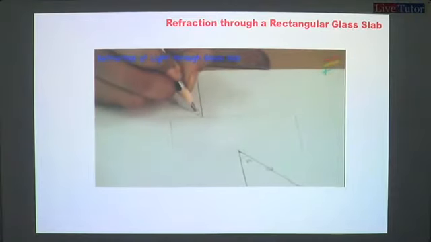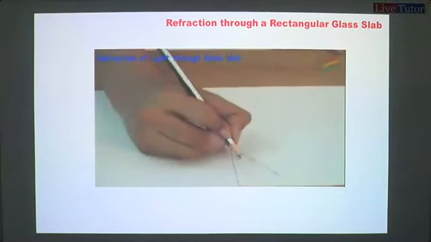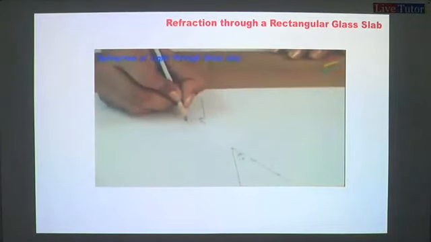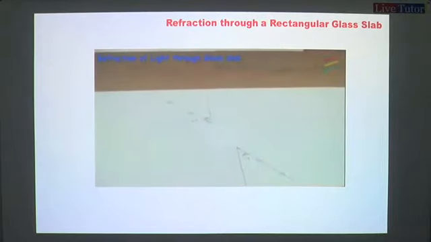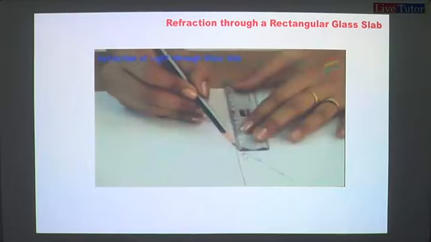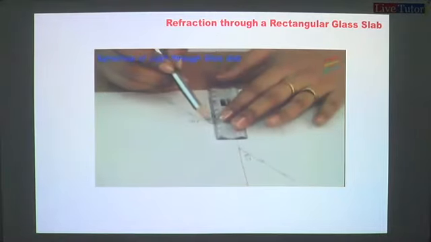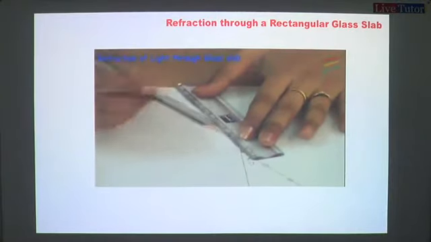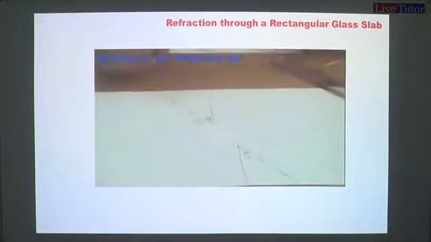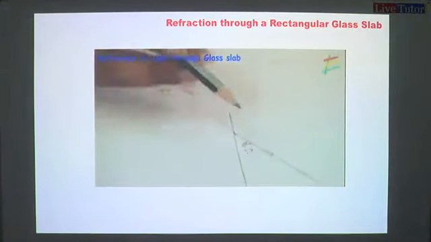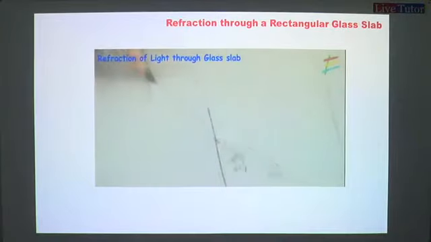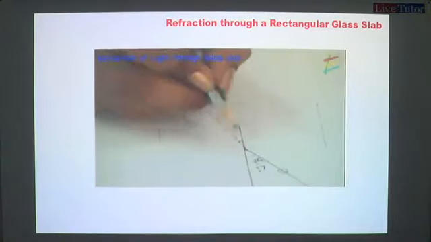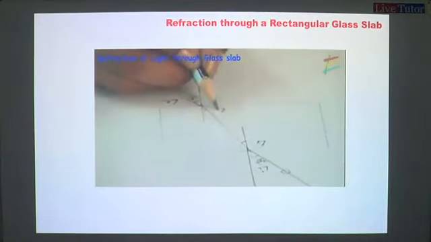Therefore, this is our angle of incidence, angle I, and this is the angle of emergence, angle E. Now, if I extend the normal here and join the two lines, I see that I get a bent line. This is the angle of refraction that is formed, which you can mark as angle R.